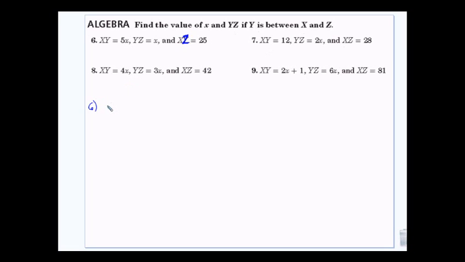Y is between X and Z. So XY is 5x, YZ is x, and the whole thing is 25. So in this instance, 5x plus x is going to be 25.